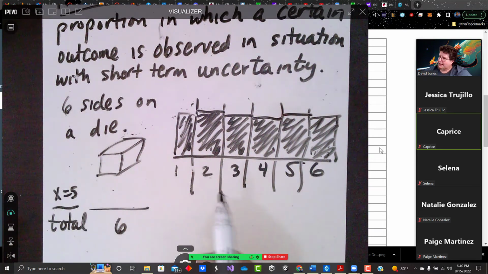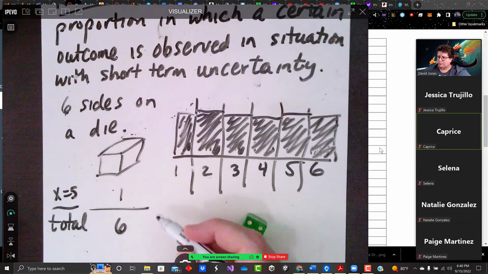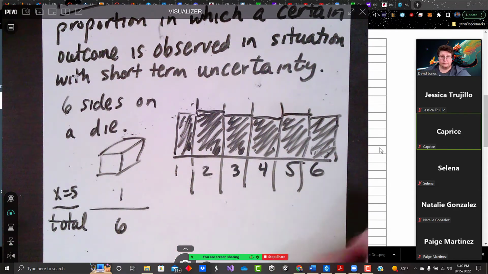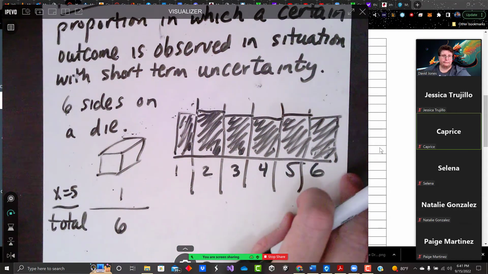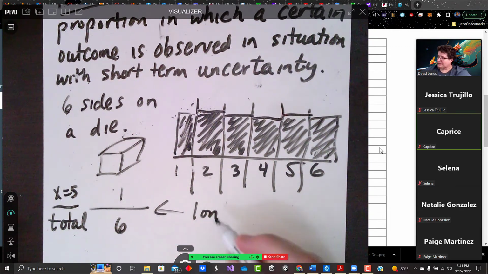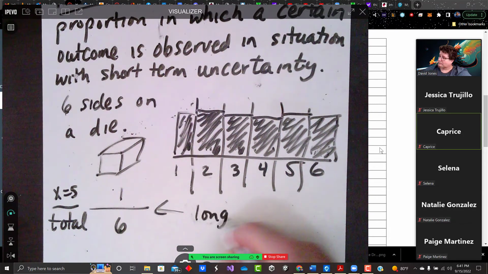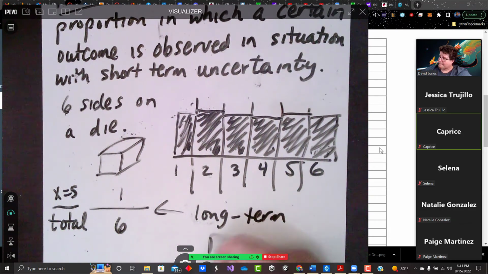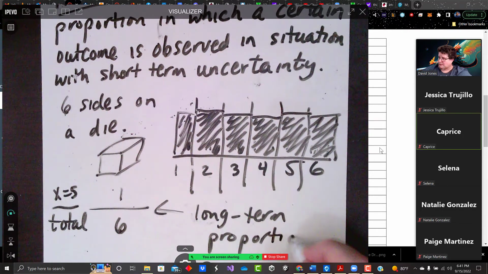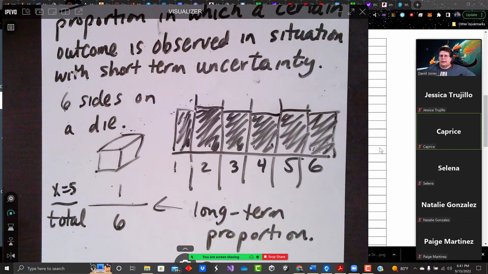There is only one outcome on each die that has a 5, so the probability would be 1 in 6. Okay? That's the long-term probability, or long-term proportion. The short-term uncertainty is I just don't know what I'm going to get when I roll.